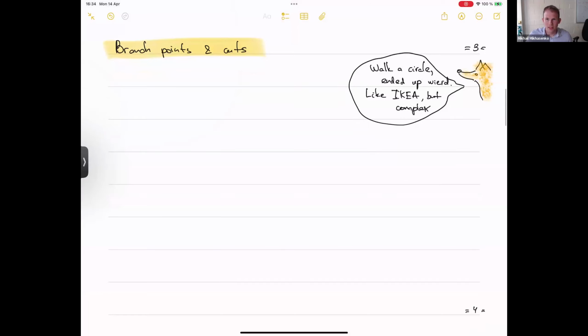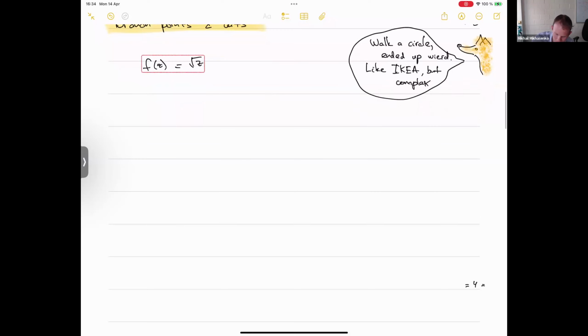So here we are, the second section, related to branch points and cuts. And I wanted to start with the basic function that we use all the time, and this is the square root function. The first thing to realize is that this function is not analytic everywhere.